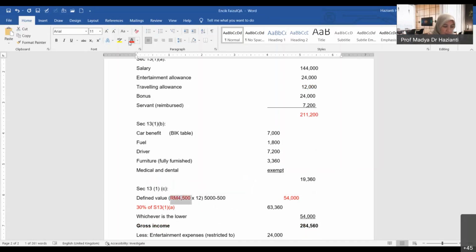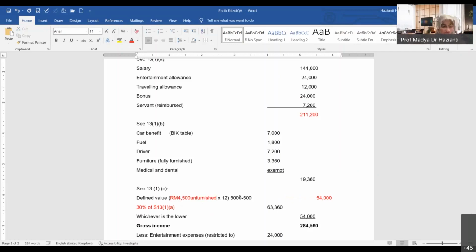Walaupun dia dekat point number 3 tu fully furnished for which the company paid a monthly rental of 5,000 which included 500 in respect of furniture and fittings. Because this part ni kita nak unfurnished figure. Rumah yang unfurnished. So maksud unfurnished is rumah tolak furniture lah. We cannot take 5,000 unless dalam soalan dia tak mention. Let's say soalan ni saya buang ayat 500 tu.